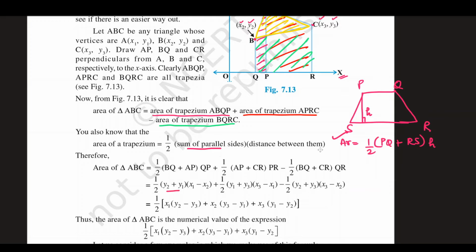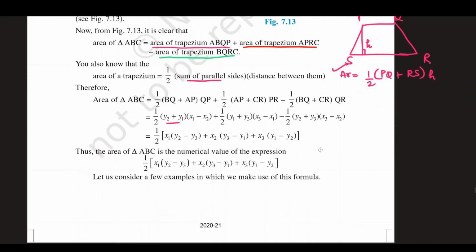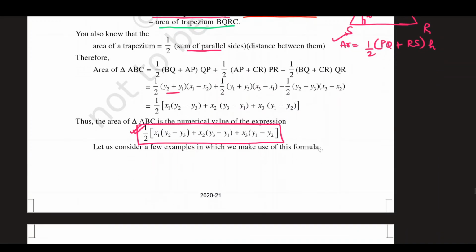Just put the values and you will get this expression, and it will be better if you learn this. It will help you to solve the questions easily. The formula says half into x1 into y2 minus y3 plus x2 into y3 minus y1 plus x3 into y1 minus y2. So the order is important: 1, 2, 3, then 2, 3, 1, and 3, 1, 2.